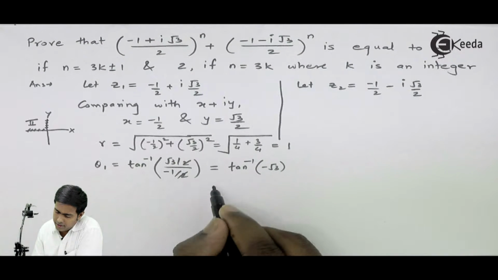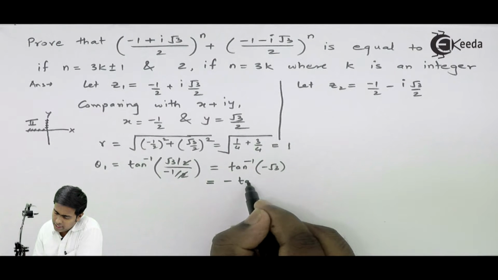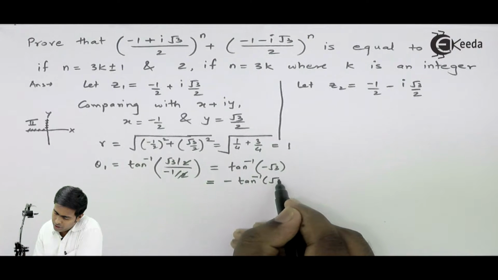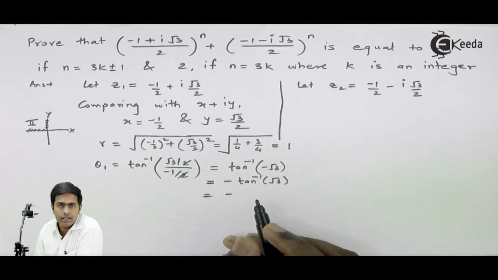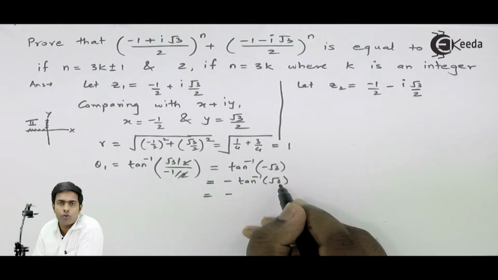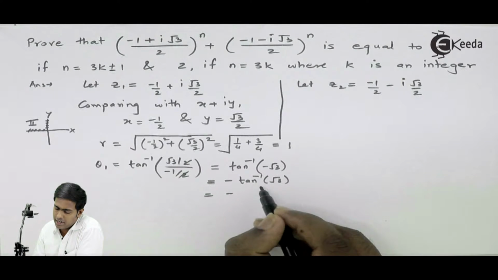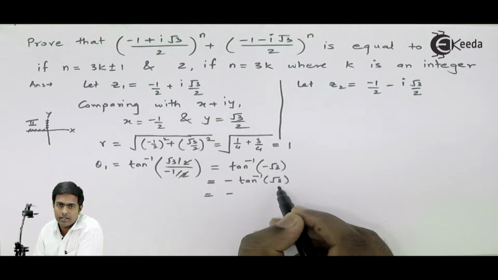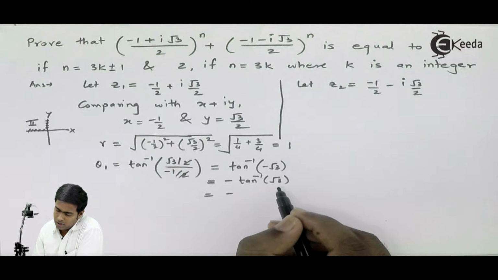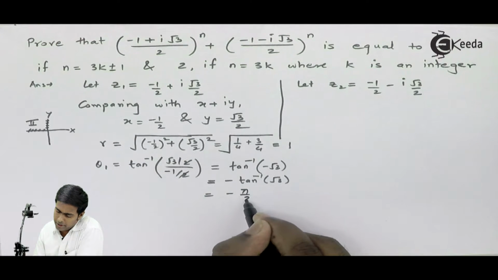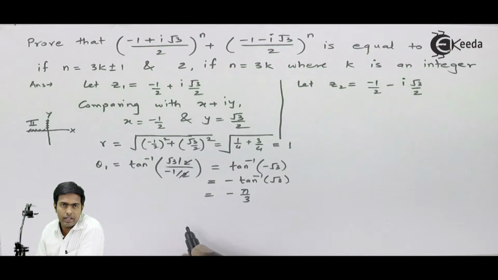So here we get it is equal to minus tan inverse of √3. Now what is tan inverse of √3? If you see the table, tan inverse of √3 is 60 degrees. So 60 degrees is nothing but π/3. So we have got theta.